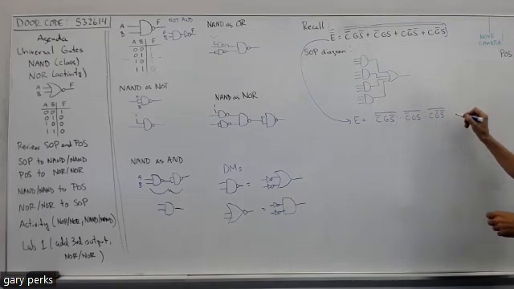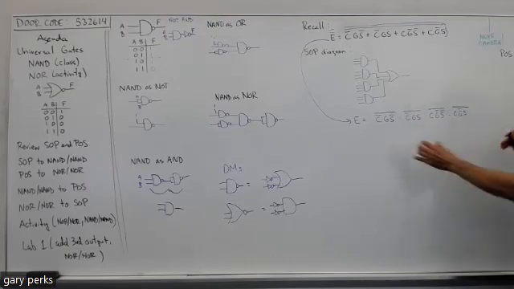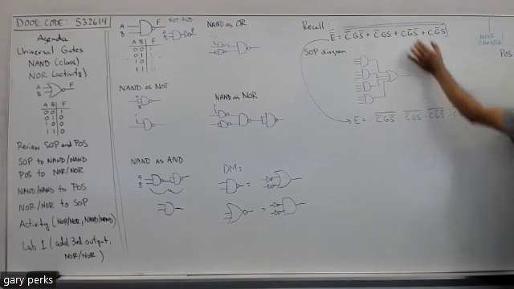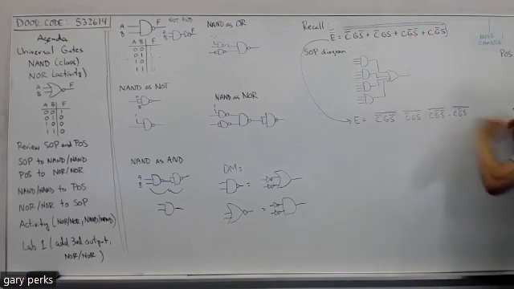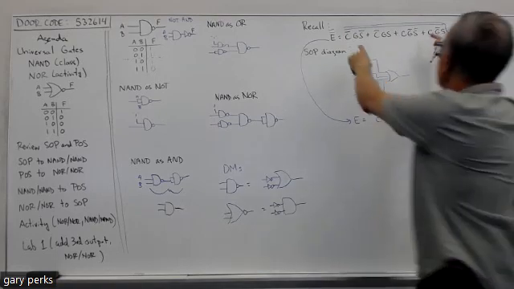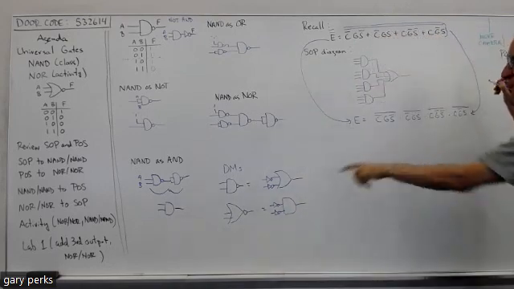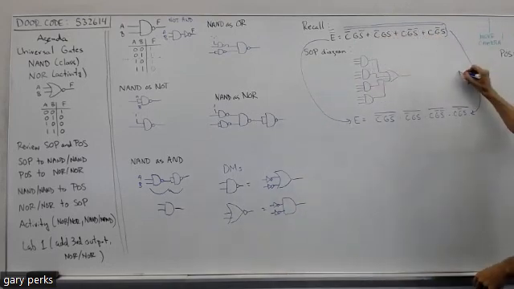It's easy to miss bars up here. Take that, invert it, take this, invert it, take this, invert it, take this, invert it, and then they're ANDed together, right? So you see, we did De Morgan's to go from here to here. We're doing this part of De Morgan's.